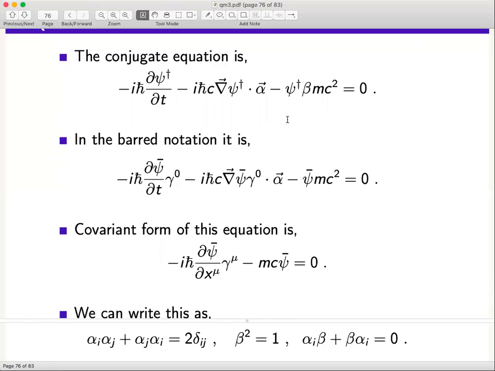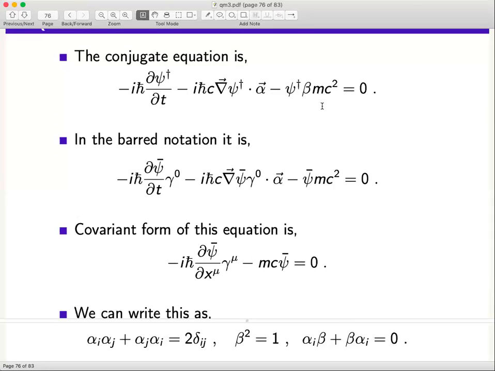Now you can convert this equation into the barred variable equation by multiplying by beta squared. Just on the right of psi dagger, you insert a beta squared. Beta squared is identity, so it doesn't matter really.